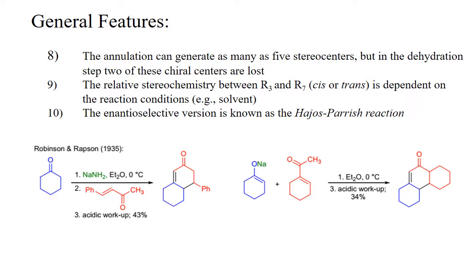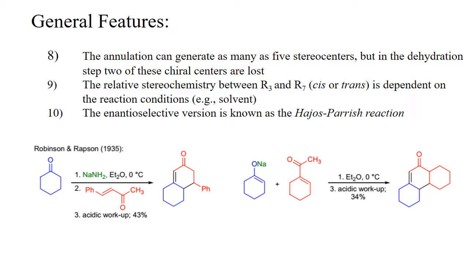Then see the product. The product contains a 3-cyclic system. The central cyclic system is the cyclohexanone ring. So remember, one of the rings formed during Robinson annulation reaction is the cyclohexanone ring. So the product of the Robinson annulation reaction must contain the cyclohexanone ring.